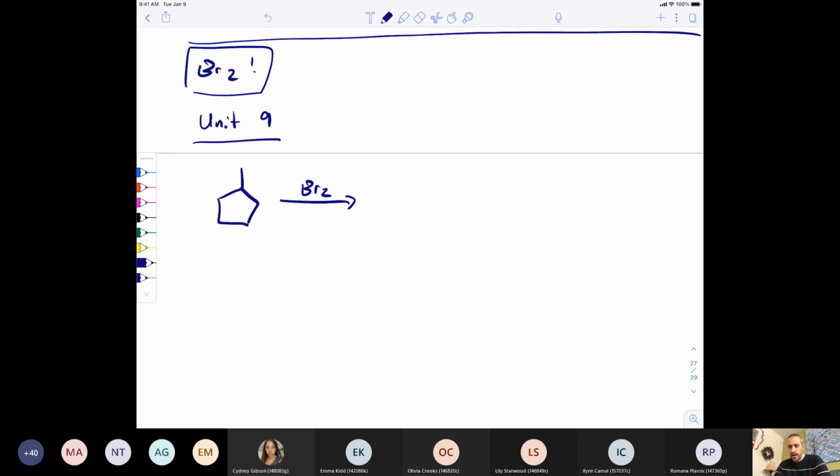It'll choose the hydrogen that has the highest degree of substitution. So if it can produce a tertiary alkyl bromide, it'll do that way faster. So for example, in this case, there's one tertiary center right there. Call that a methine, and there's just a CH there. This would be the major product. By that, I mean like 98% plus.